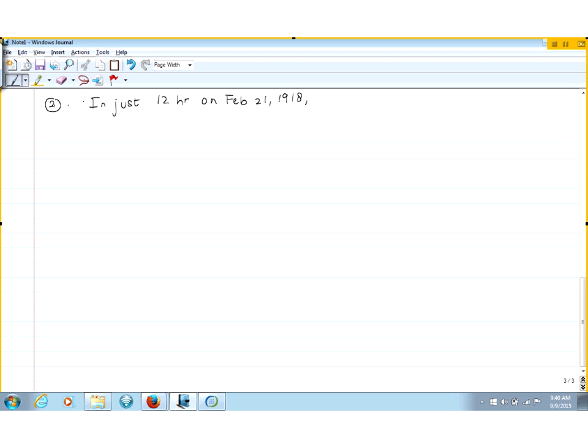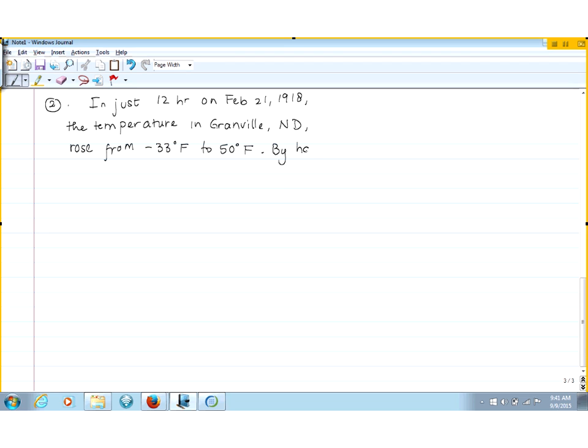On February 21, 19, the temperature in Granville, do you know where Granville is? I don't know it either. North Dakota. I know Granville Island in Vancouver. Rose from negative 33 degrees Fahrenheit to 50 degrees Fahrenheit.